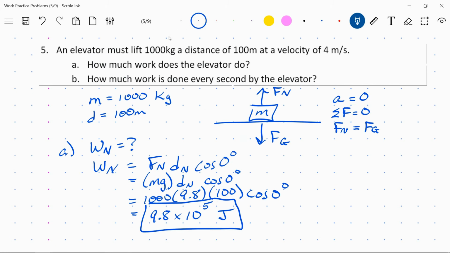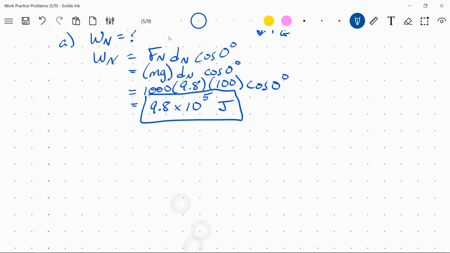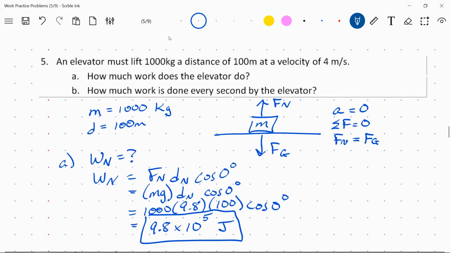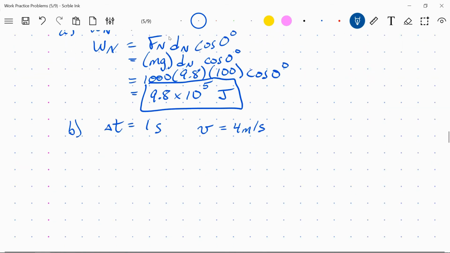That was part A. There is a part B that says how much work is done every second by the elevator. Okay, well, you could just think of it this way. For part B, if we're only considering a timing of 1 second, here's where that velocity is going to be needed. 4 meters per second, right? So it was moving along at a speed of 4 meters per second.